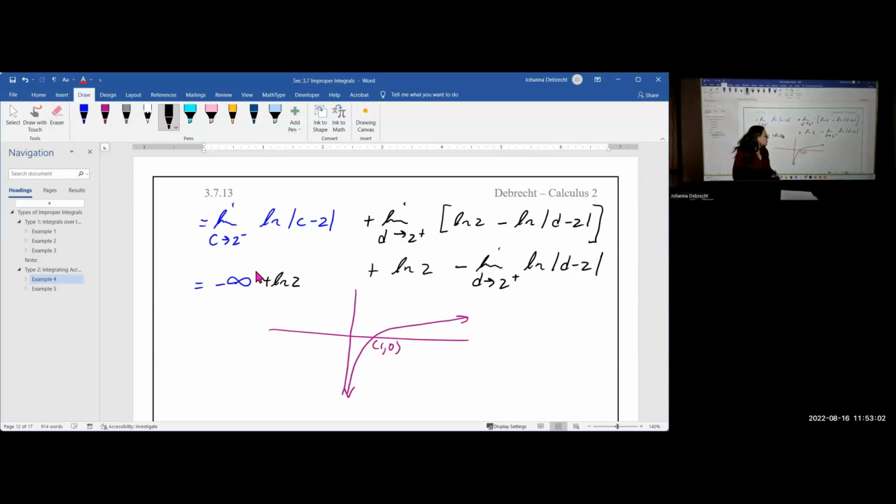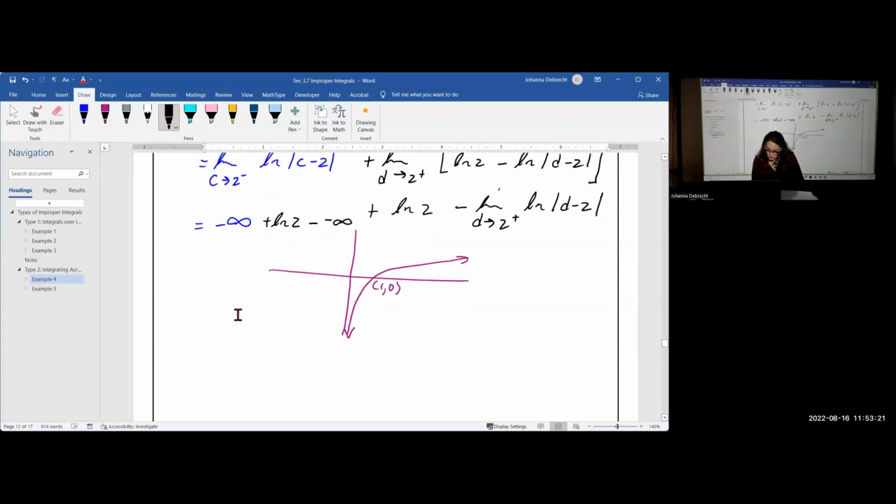So again, it's getting close to 0. And as natural log approaches the natural log of 0, the y value goes to negative infinity, but we've got a negative on the outside. So we have a minus negative infinity. Now, minus a negative infinity is going to give us a plus sign. So this is going to give us negative infinity plus the natural log of 2 plus infinity.